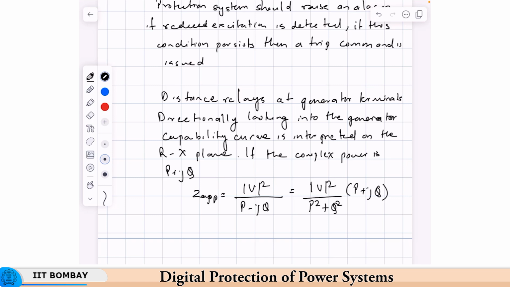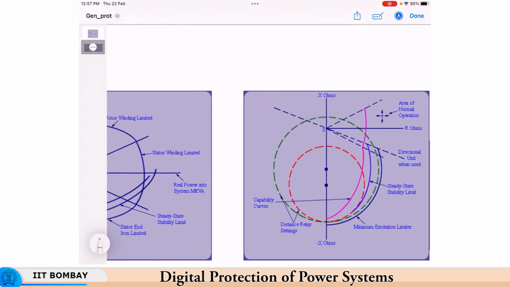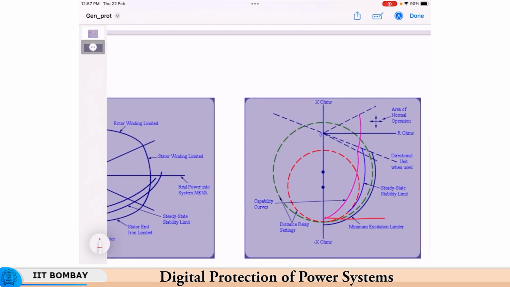So, we will look at the relay characteristic now. That is why these two figures have been placed side by side. You can see here the outer green circle and the inner red circle are the impedance relays, or the distance relays, as has been mentioned here.